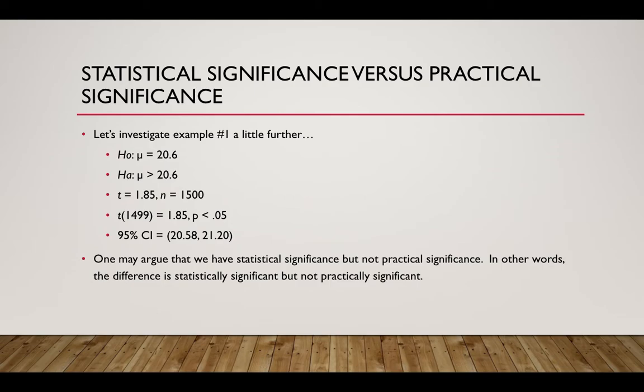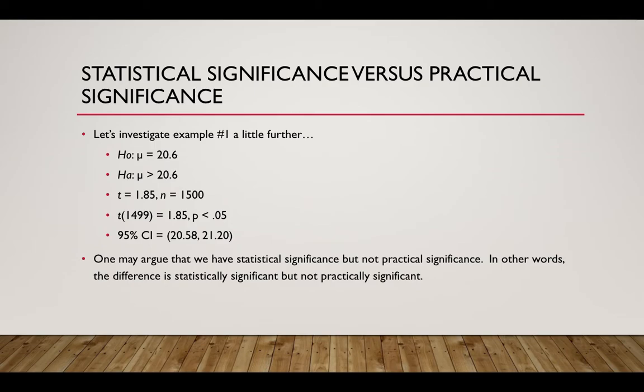But do we really care, 20.6 versus 20.62? Well, practically, I don't think that has much significance. So in this illustration, you may argue that we have statistical significance, but not practical significance. In other words, the difference is statistically significant, but not enough of a difference to really mean a difference in practical significance.